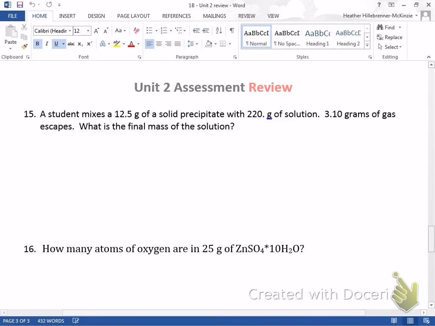Hold on. Let's go. Let's roll. Here we go. A student mixes 12.5 grams of a solid precipitate with 220 grams of a solution. 3.10 grams of gas escapes. What is the final mass of the solution? So, what's the first thing we need to do?